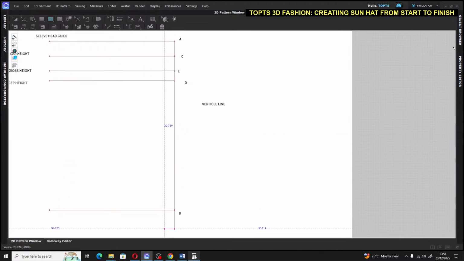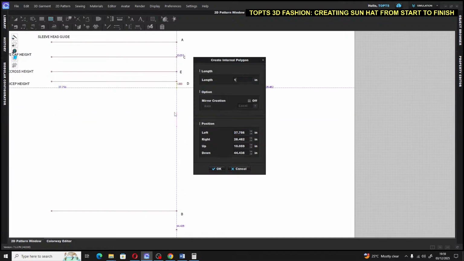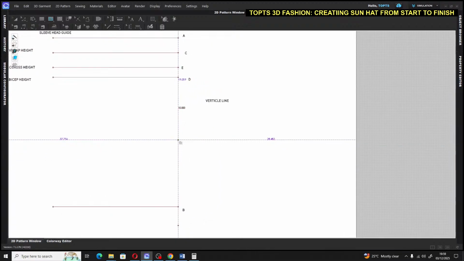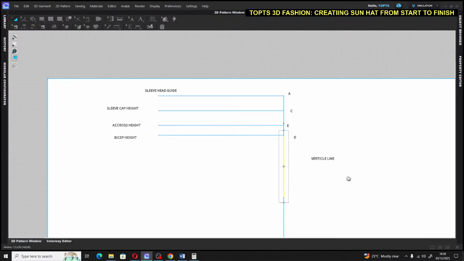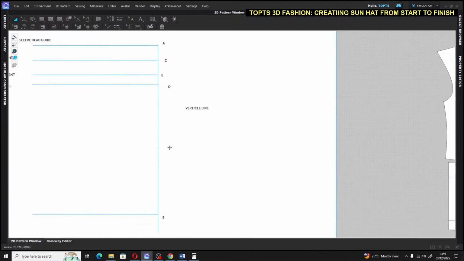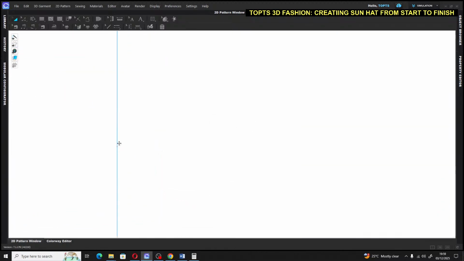20 divided by 2 giving us 10. That means we are going to mark from that point downwards 10 inches, which is this point. You get it? But now this point is just a guide for us to get the elbow line.